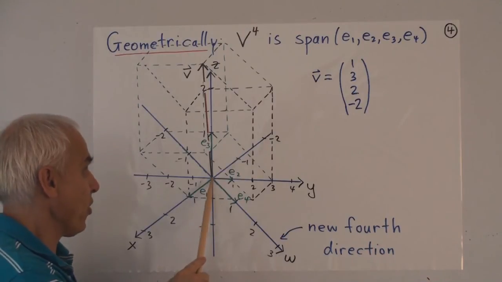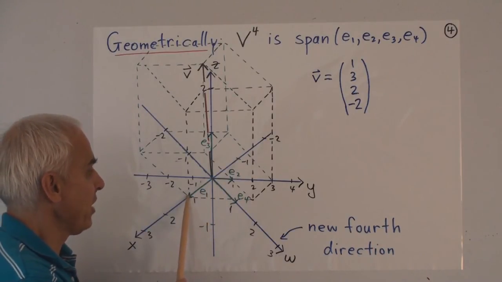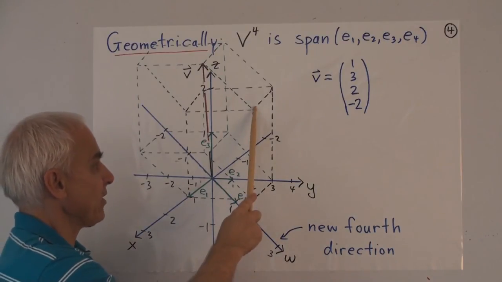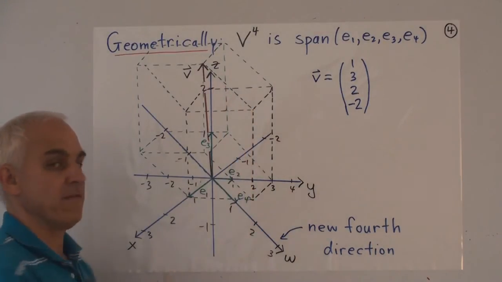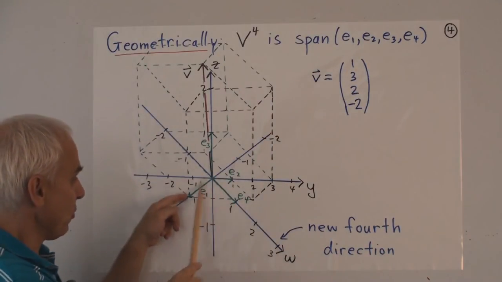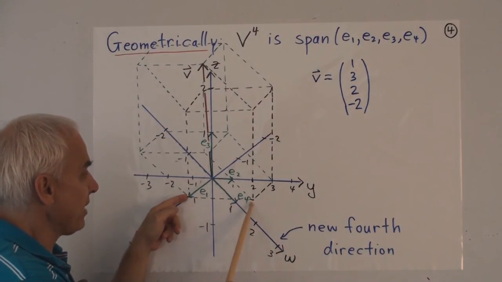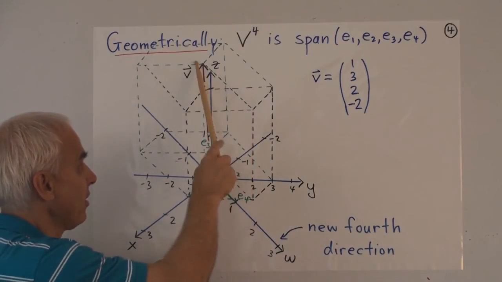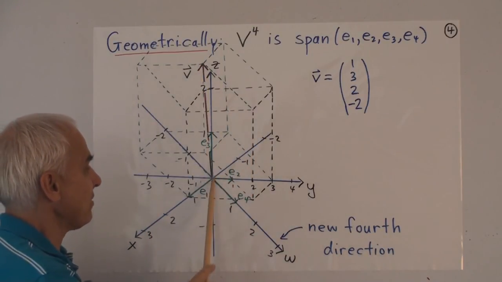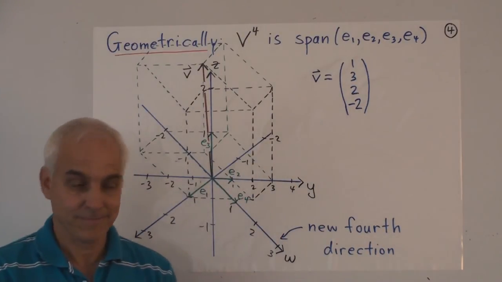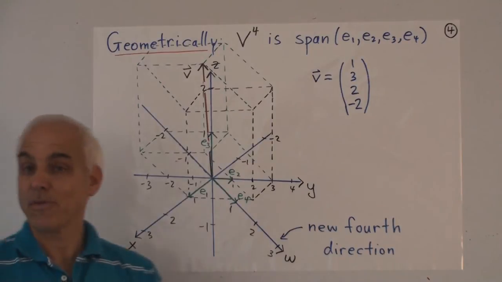Just have to remember that we go 1 in this E1 direction, 3 in the E2 direction, 2 in the E3 direction, and -2 in the E4 direction. So you don't even have to draw all of those boxes. You can just do one step at a time, adding the different vectors and their different components, and the result is to get up here. So that's the vector v represented geometrically. And there's our picture of 4-dimensional space.